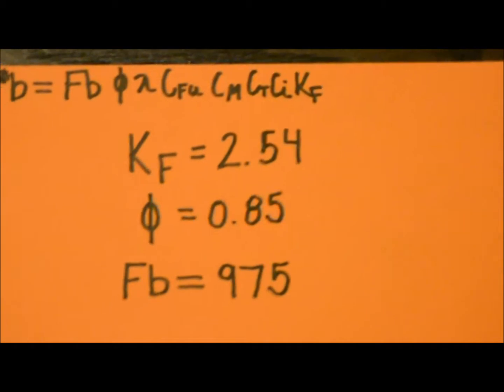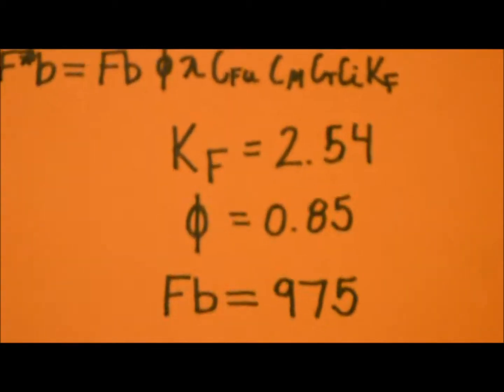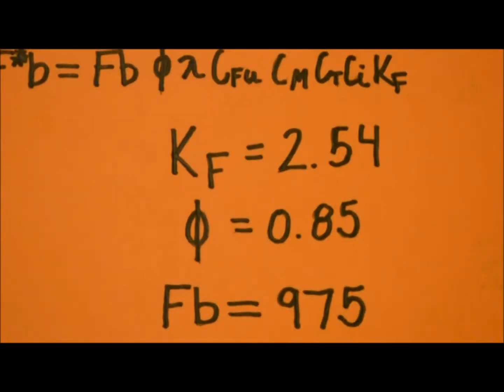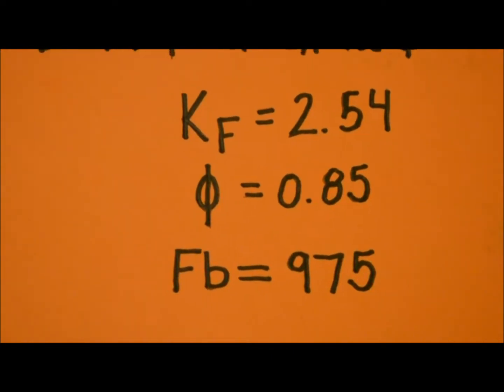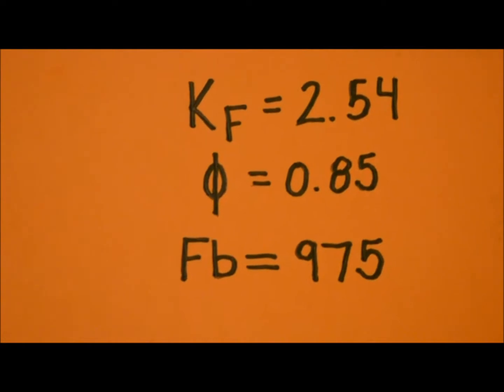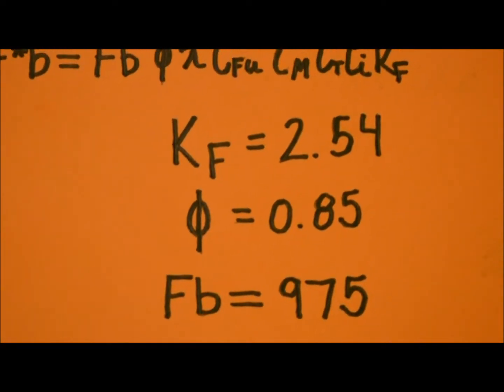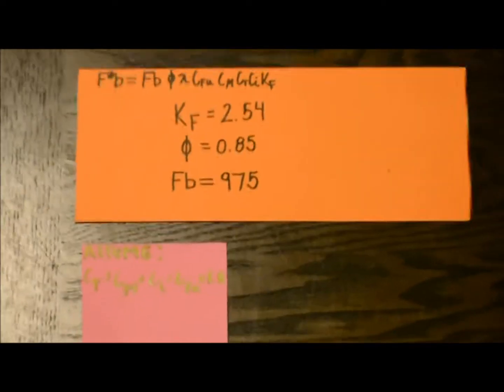So, in this step, we're trying to solve for F*b. So we have the equation written down. We need to have Fb, phi, and lambda, and earlier we did assume that the design values CT, CM, CI, and CFU equal 1. So now we just need to find our KF factor.